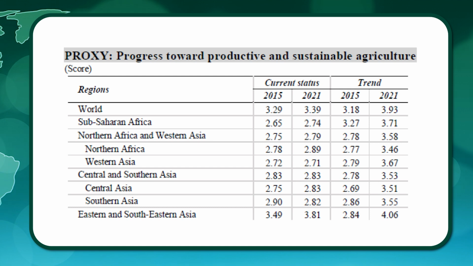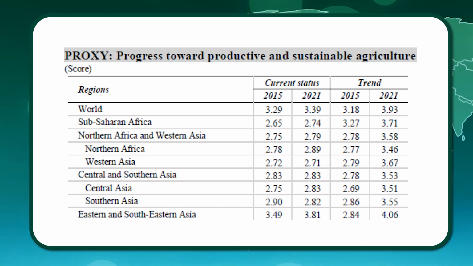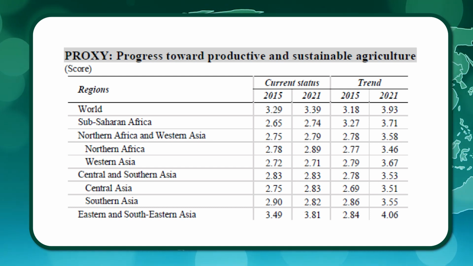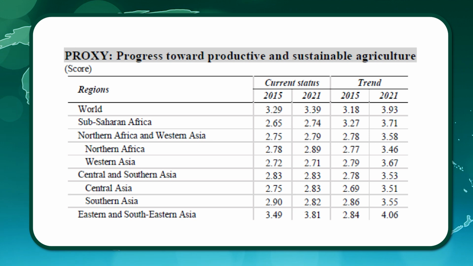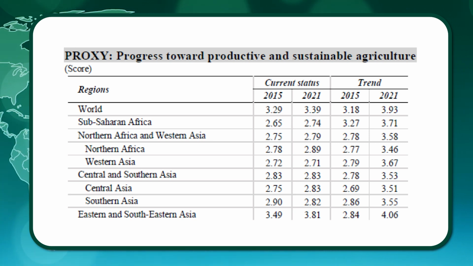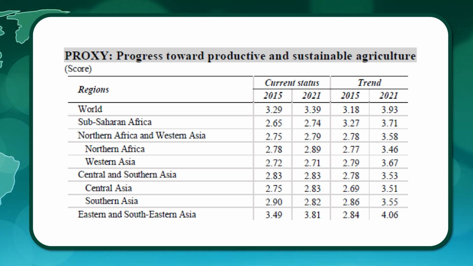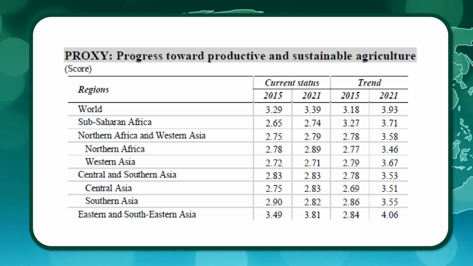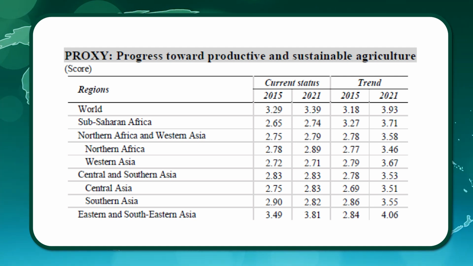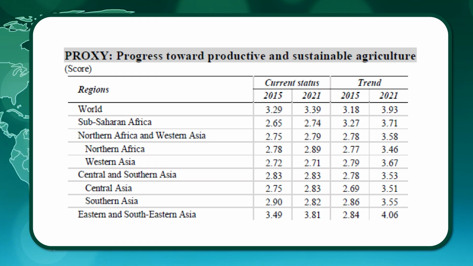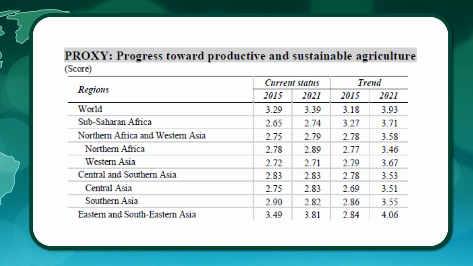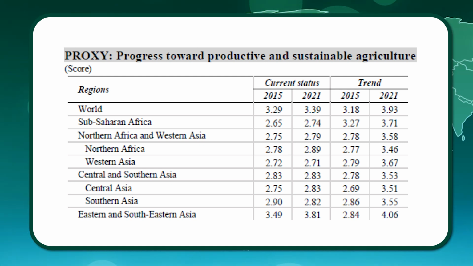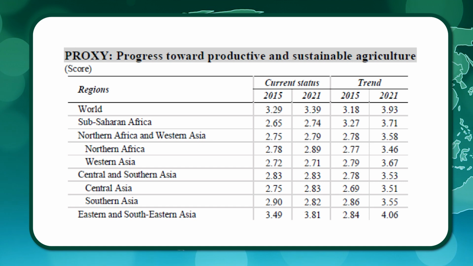If it is more than that, for example more than 4.5, then there will be improvement. But it is below 4, so there is no improvement, it is at a standstill. So we need to work a lot to improve productive and sustainable agriculture by implementing a number of policies and programs.